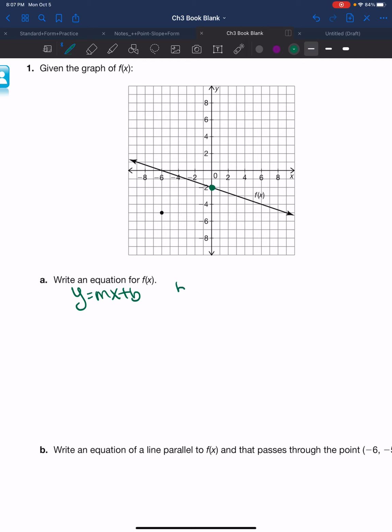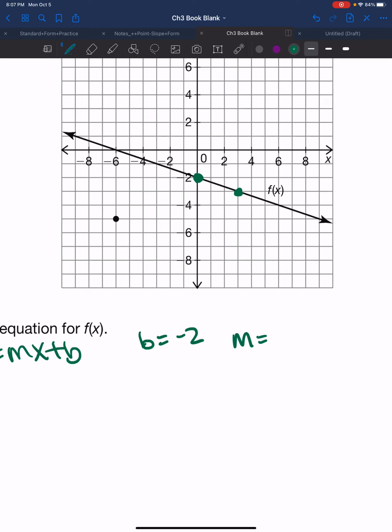So my y-intercept is -2, and I can just count my slope on the graph. I want to make sure I pick 2 pretty points, 2 points that go through the corner of the little squares. And then I count rise over run. So for this one, I would count down 1, that's a -1.